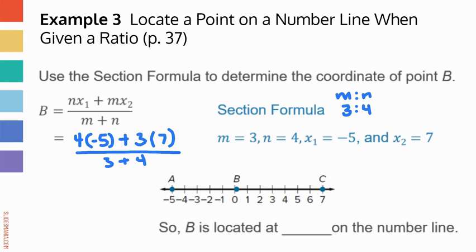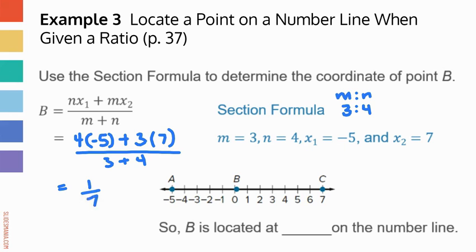And then again, you can use a calculator. You can put it in just like it's written, and it will give you your answer. I'm just going to do a quick bit of math. 4 times -5 is -20, plus 3 times 7 is 21. So -20 plus 21 gives me 1. And then 3 plus 4 is 7.